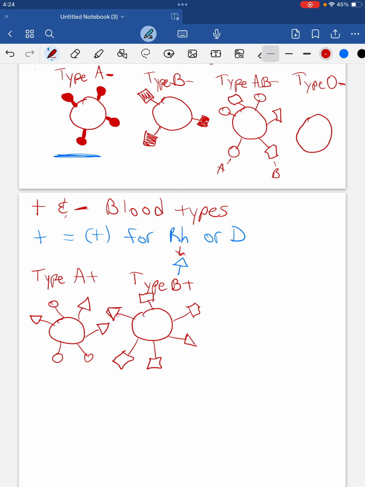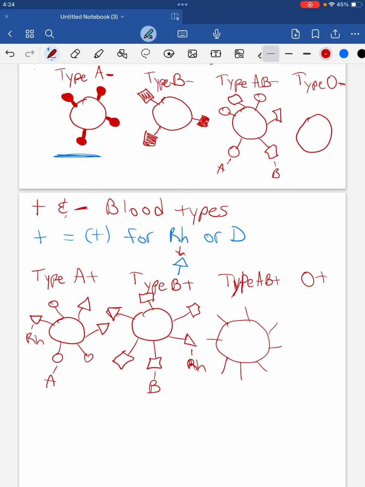So we have our Rh antigen and our B antigen. Here we have our A and our Rh. Type AB has a lot going on, right? Type AB positive. And then we have O positive, we'll draw last. Type AB positive has a lot going on, so let's draw a few lines here.